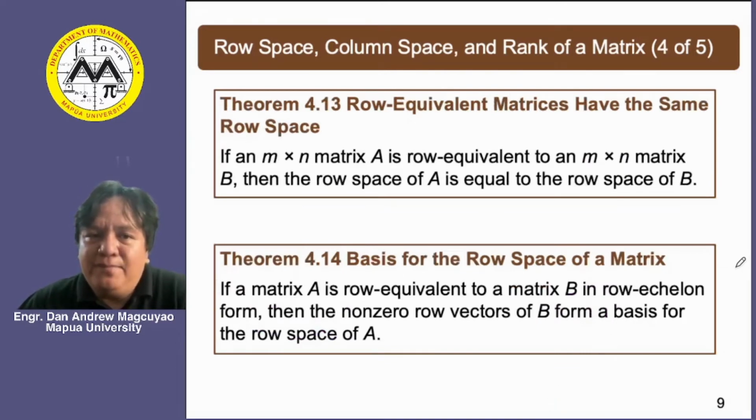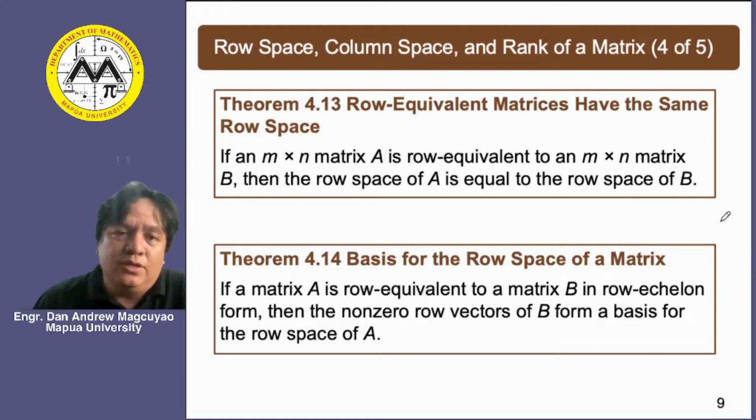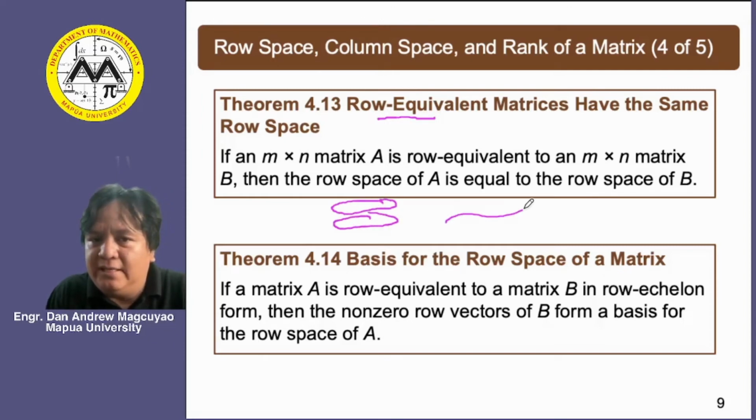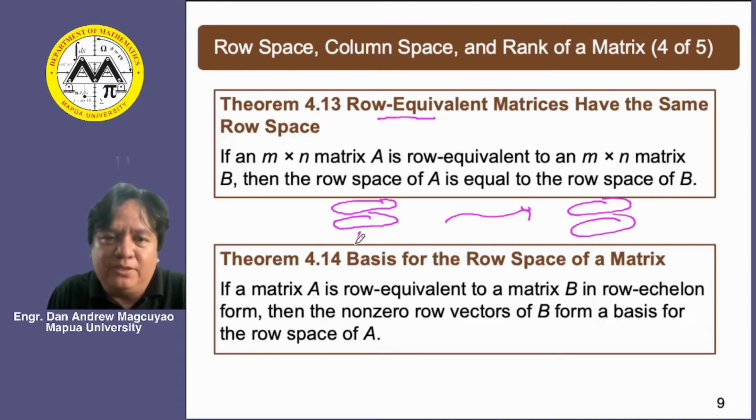Now if an m by n matrix A is row equivalent to an m by n matrix B, then the row space of A is equal to the row space of B. So if two matrices are row equivalent, they have the same row space. So if this is A and this is B, their row spaces are equal.